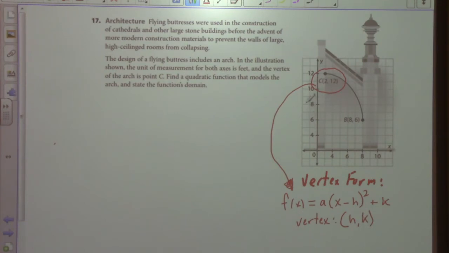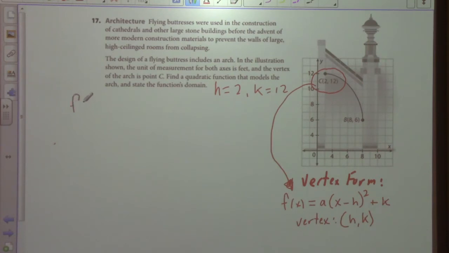What is h going to be and what is k? So you're saying h is 2? Yes. So this one here, h is equal to 2. Thank you, Elijah. What is k equal to? 12. So we can take this and plug this into this formula and really start working on this thing.